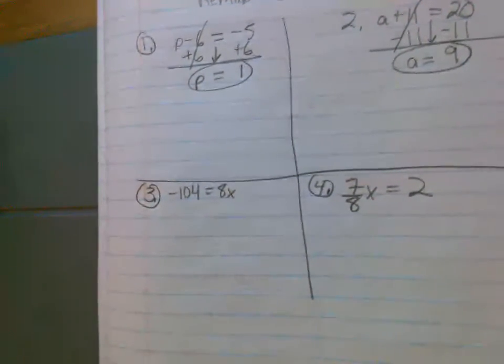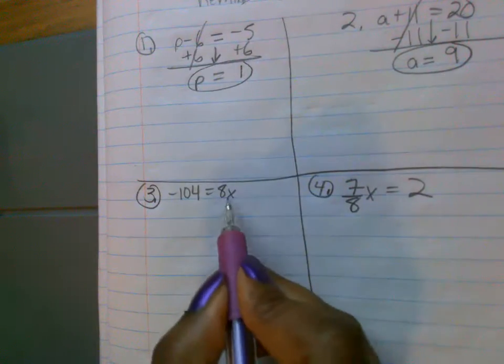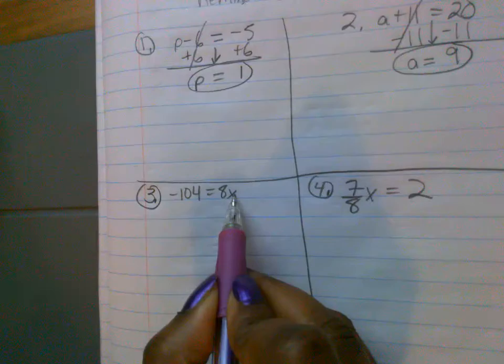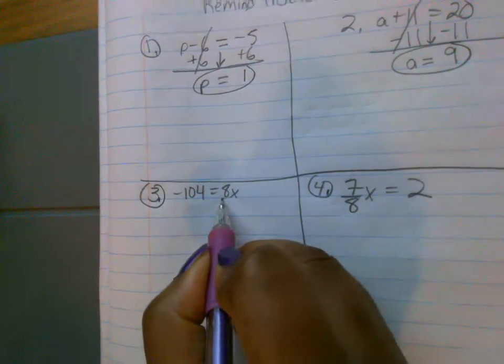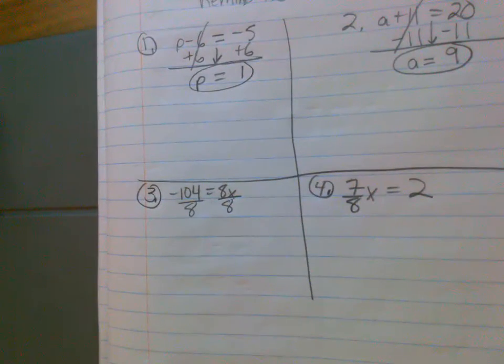Number 3, let's do number 3 now. Number 3 looks a little bit different. To get X by itself, the operation that's automatically between 8 and X is multiplication. So the inverse of multiplication is division. So you're going to divide both sides by 8. When you divide both sides by 8, 8 divided by 8, of course, gives you that 1.